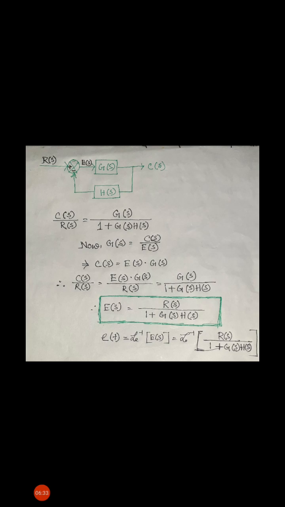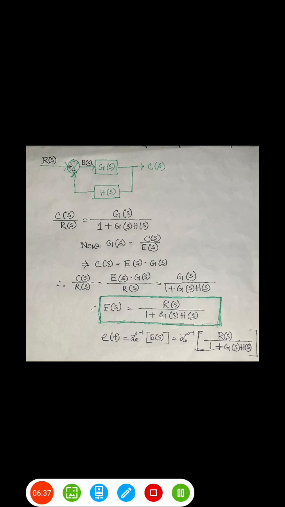E_ss represents steady state error, where ss is steady state and E represents error. So this is the formula of steady state error.